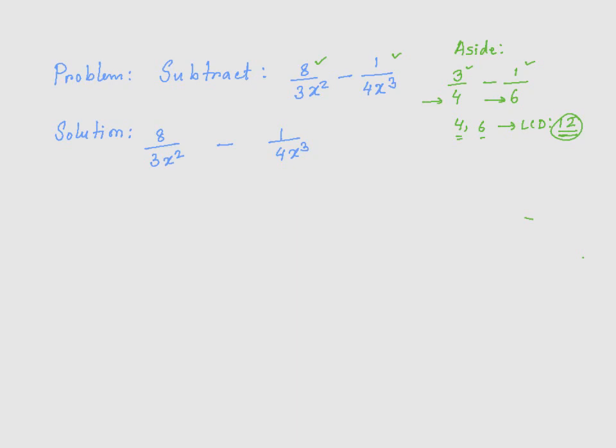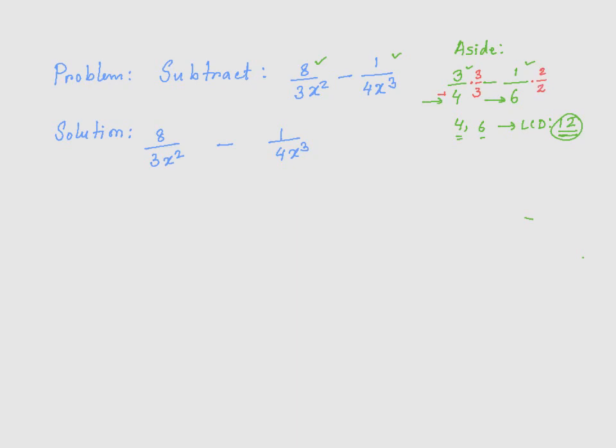So now let's go ahead and make sure that we have the same thing. What I need to do here is get 12 in the denominator. I can do so if I multiply by 3 and divide by 3, and similarly here, multiply by 2, divide by 2.